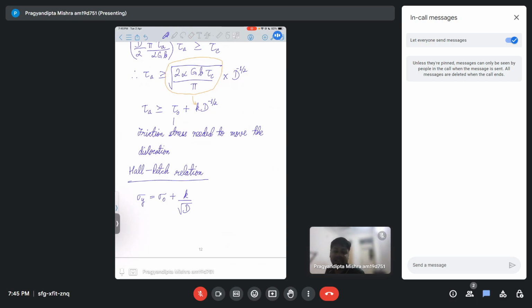As d decreases, your sigma y will increase. This is the yield strength of a polycrystalline material. Of course, sigma naught is my friction stress, and d is the grain size.